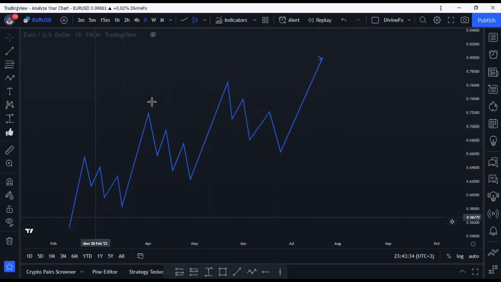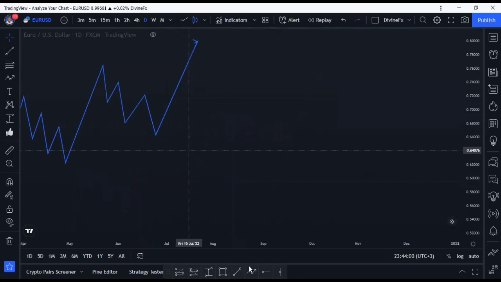These strong movements are what we call the impulses, and these corrections are movements called retracements. The market retraces at some point, then continues with its trend with very strong momentum. So we have impulse, correction, impulse, correction.